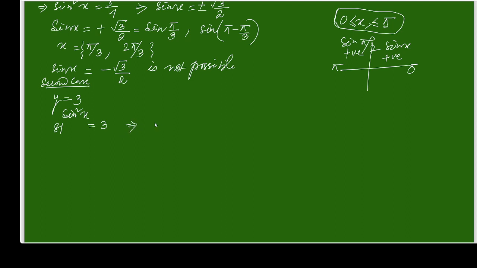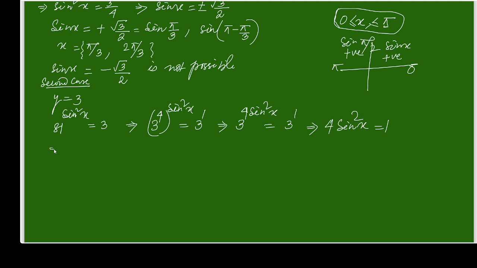Same logic will apply. 3 raised to the power 4 sine square x is equal to 3 to the power 1. Taking the base equal, exponents will be equal. So 4 sine square x is equal to 4.